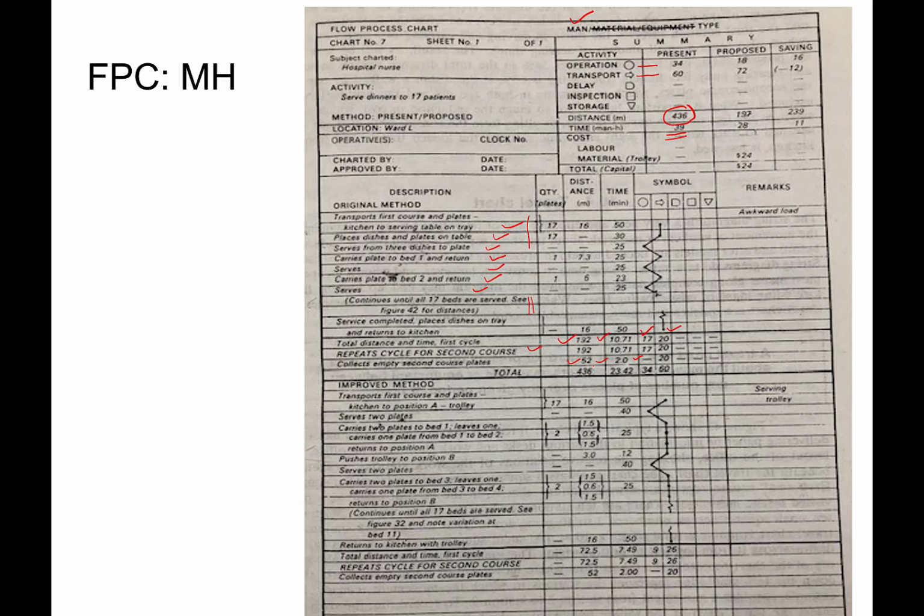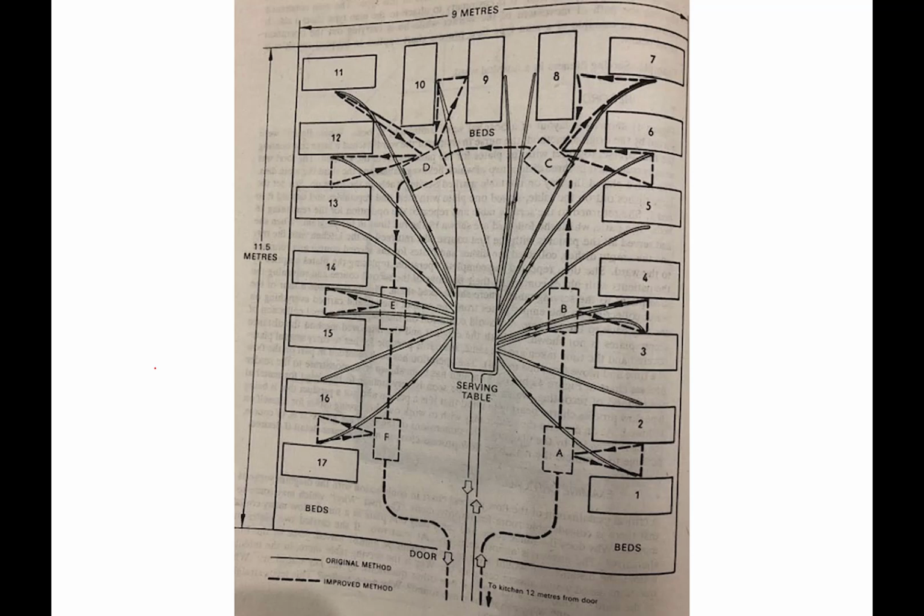So the total to complete one cycle of the service is 23.42 minutes and 436 meters distance traveled, total 34 operations and 60 transports. This has been shown with the help of this flow diagram.